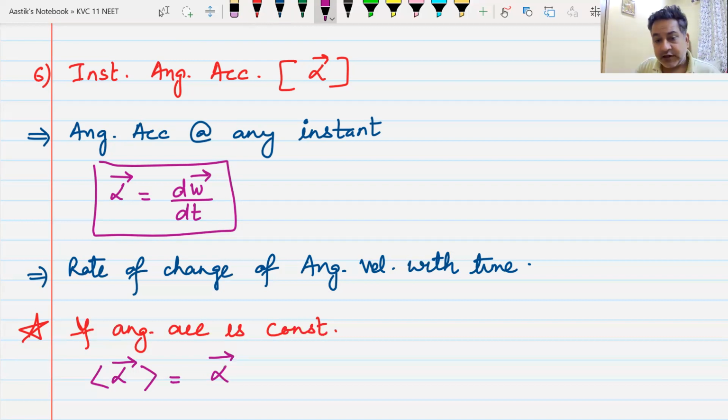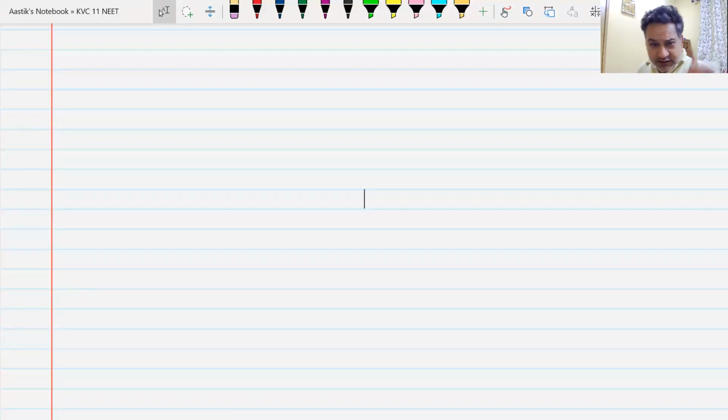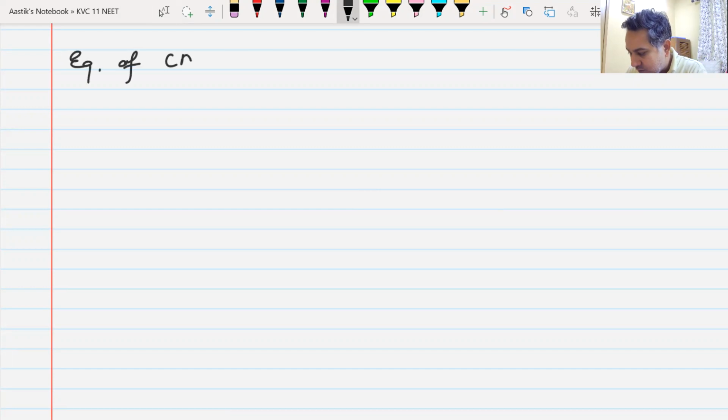Okay. Now, in most cases, the questions that are going to come will be of uniform angular acceleration. So we can now quickly write the equations of circular motion. Remember, this is for constant angular acceleration.